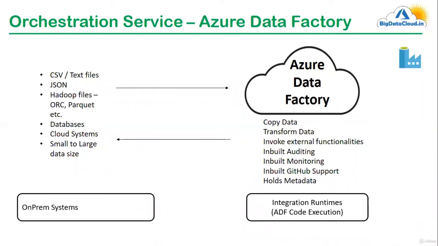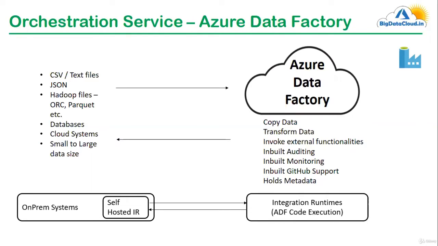There can be some cases where we want to connect our on-premise system to move data between the on-premise system and the cloud. Since our on-premise network is very restricted and Azure Data Factory runs on the internet, how can we establish the connection? There is a concept called self-hosted integration runtime.